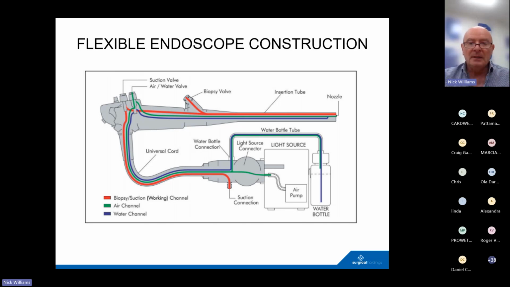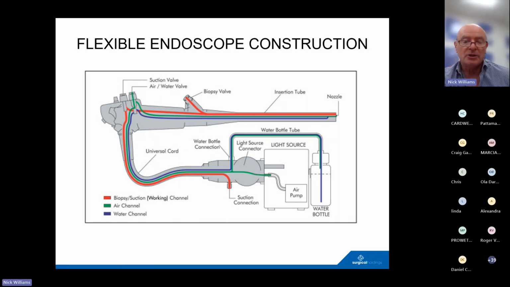Internally, this is just again diagrammatic. Internally, there's a number of channels, and this just shows you how they're designed and go through. So from the tip here back, suction will go through there to the suction connection, air water again back into the air pump or the water pump, and obviously all of those channels need to be brushed, cleaned, flushed, etc. And that's the most basic scope.